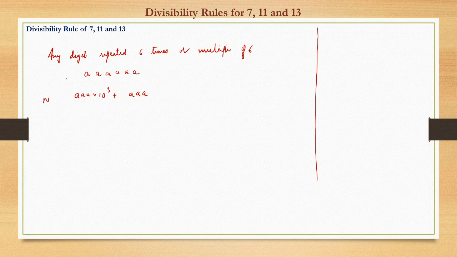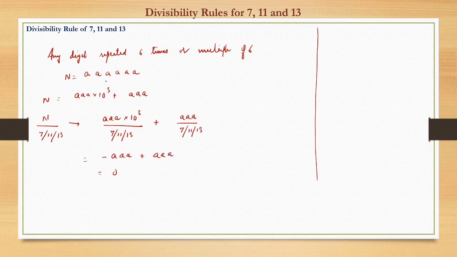Now when we divide this n by either 7 or 11 or 13, what will be the remainder? That will be a triple a into 10 raised to power 3 upon 7 or 11 or 13 plus a. We know that 10 raised to power 3 upon 7 or 11 or 13 gives a remainder of minus 1. So these terms become minus a plus a, and this is nothing but 0.